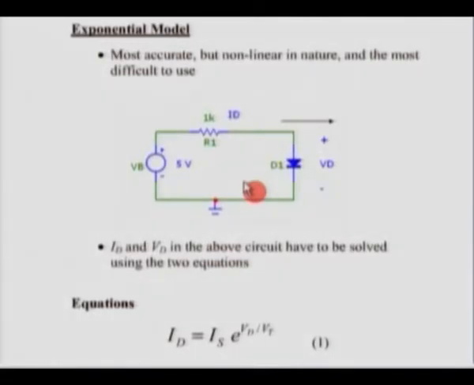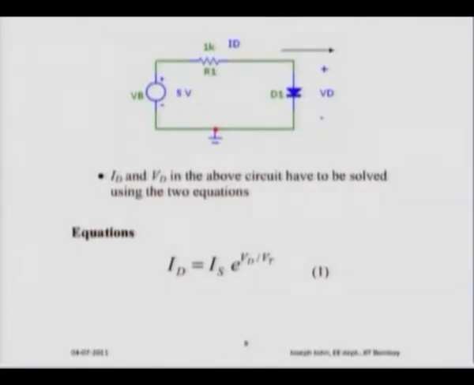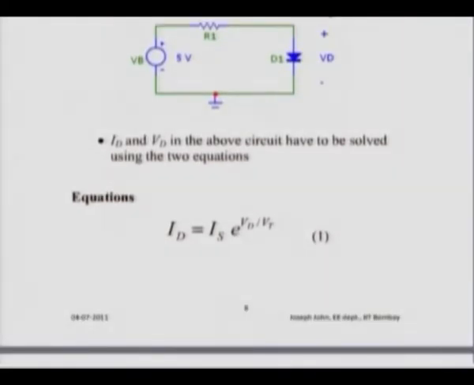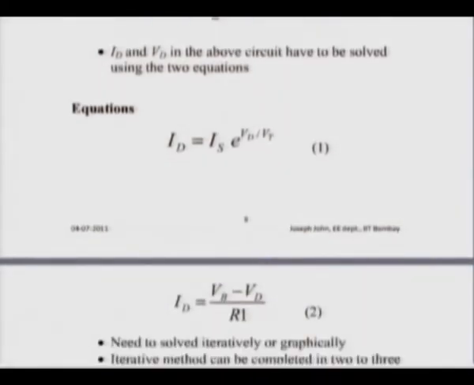This is a scenario where we can solve in two ways: either graphically, or iteratively. The exponential model would solve this in either way. It is very easy to solve iteratively, and we get very accurate results.